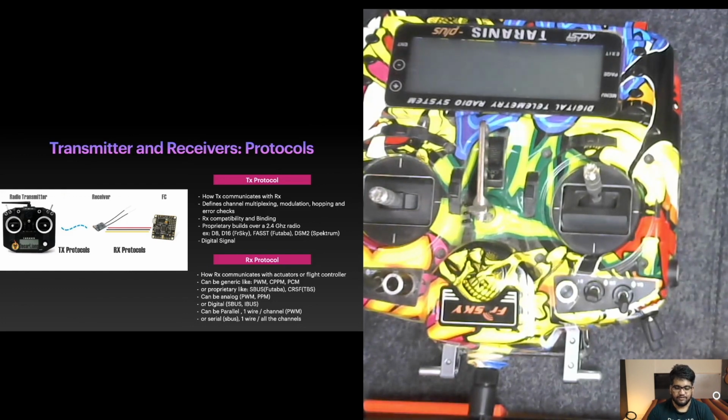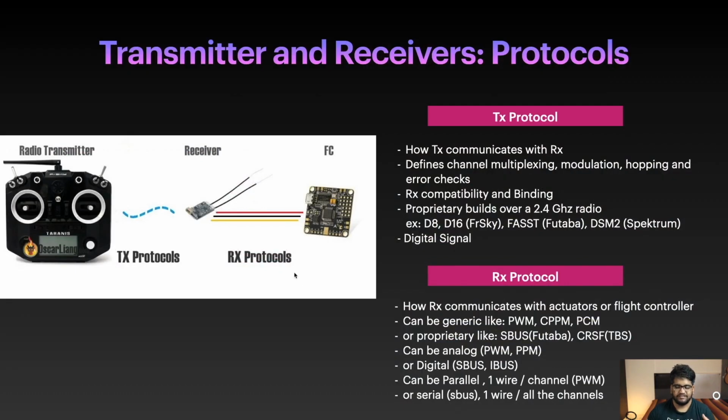Generally speaking, you can find protocols such as D8 and D16 for FrSky transmitters, and protocols like FASST if you're using a Futaba transmitter. These are transmitter companies which make transmitters. If you're using a Spektrum transmitter, then the protocol they are using is called DSM2 or DSMX.